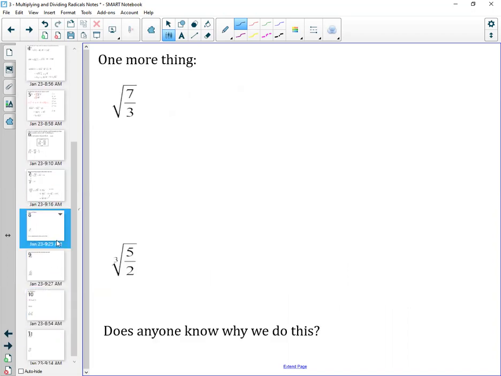Now there's this really unfortunate thing called rationalizing the denominator, which you guys have probably seen in Algebra 1. There's a rule, quote unquote rule, that says you shouldn't have a radical in the denominator of a fraction.